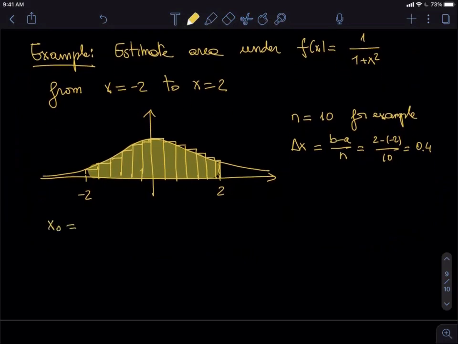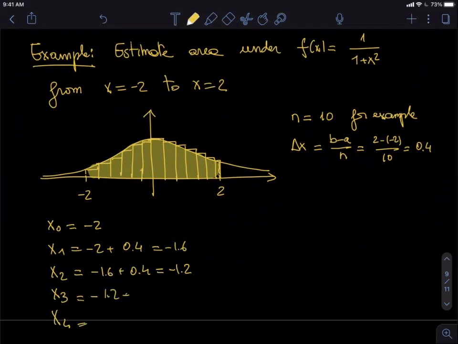So then x0 is -2, x1 is -2 plus delta x, which is 0.4, or -1.6. x2 is -1.6 plus 0.4, so -1.2, x3, x4, -1.2 plus 0.4, that's -0.8, plus 0.4, that's -0.4.